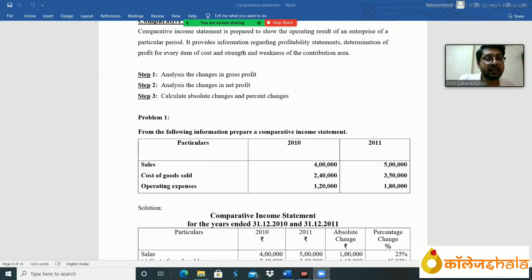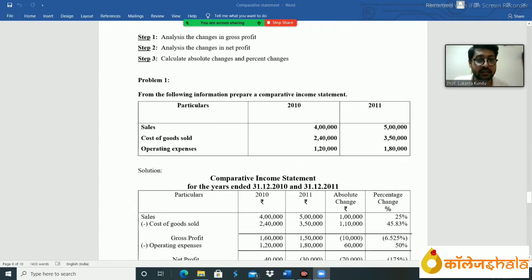So if you deduct the value of cost of goods sold from sales, you will get gross profit. Then you have to deduct the value of operating expenses from that gross profit, then you will get net profit. So this is the income statement, and in this case you have to also calculate the absolute change and percentage change in the same way.